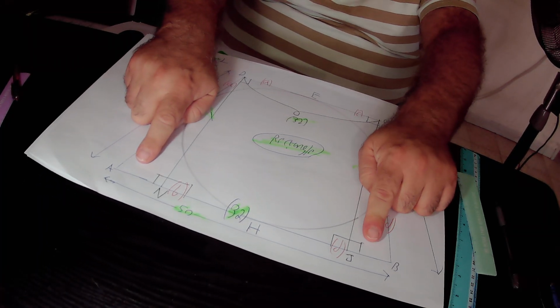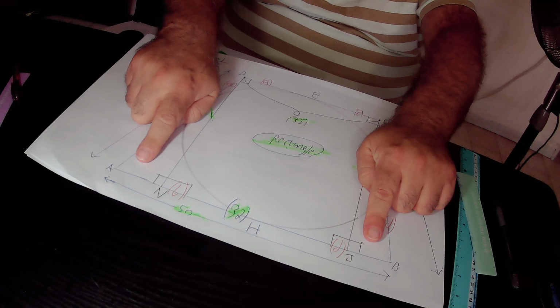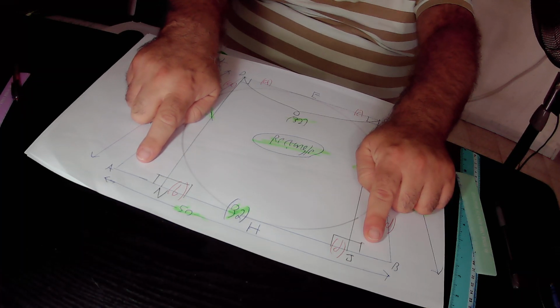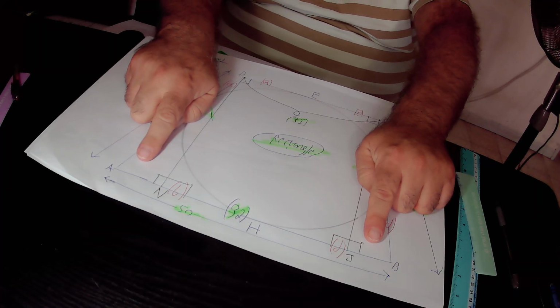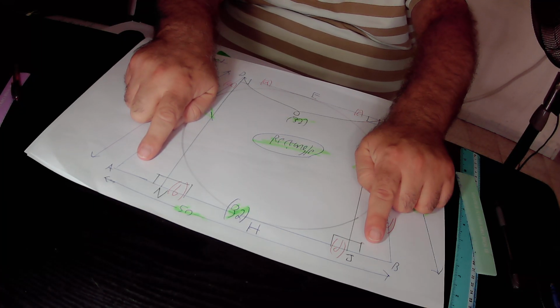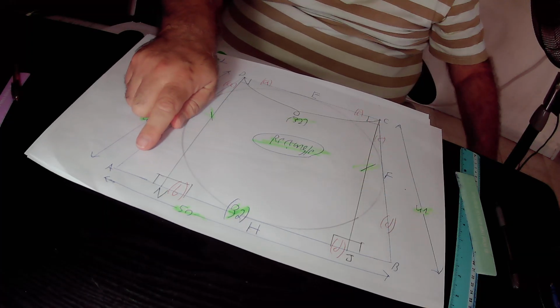Those two sides are also equal to each other. I will prove that. I copied those two right triangles onto a new page, and they are equal according to the Pythagoras theorem. That is to say, AN equals JB.